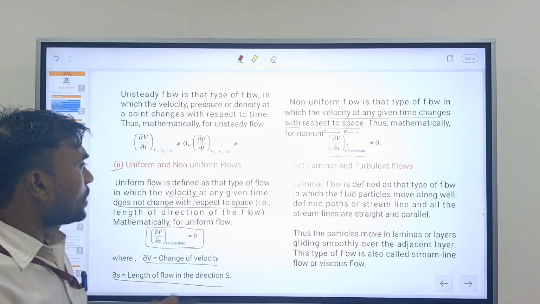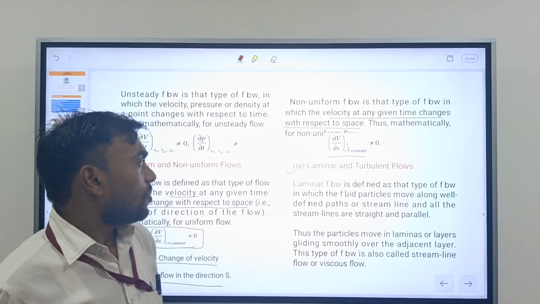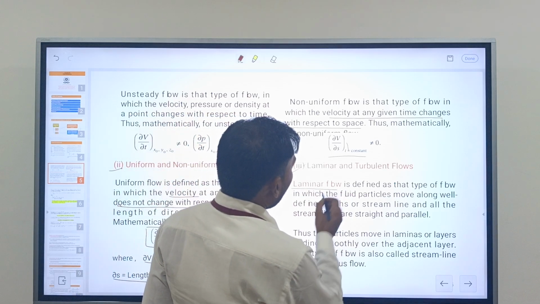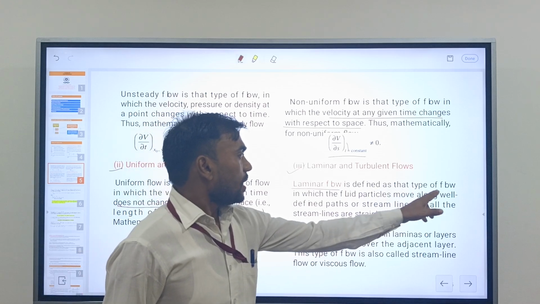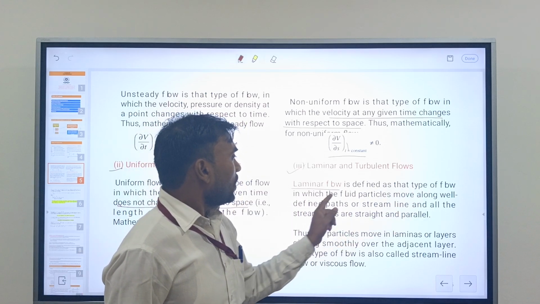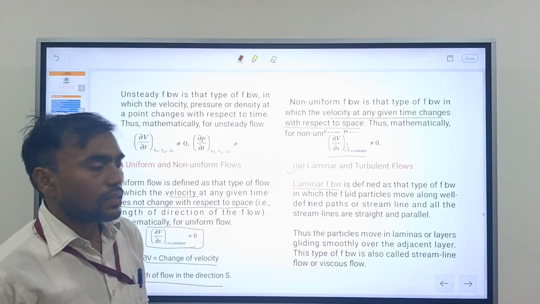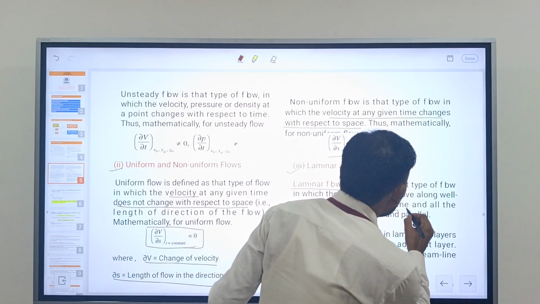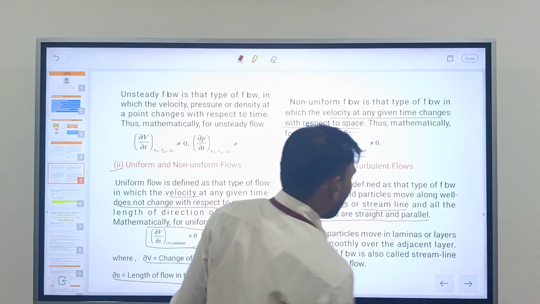Now the next definition is laminar and turbulent fluid flows. Laminar fluid flow is defined as that type of fluid flow in which the fluid particles move along well-defined paths or streamlines, and all the streamlines are straight and parallel.